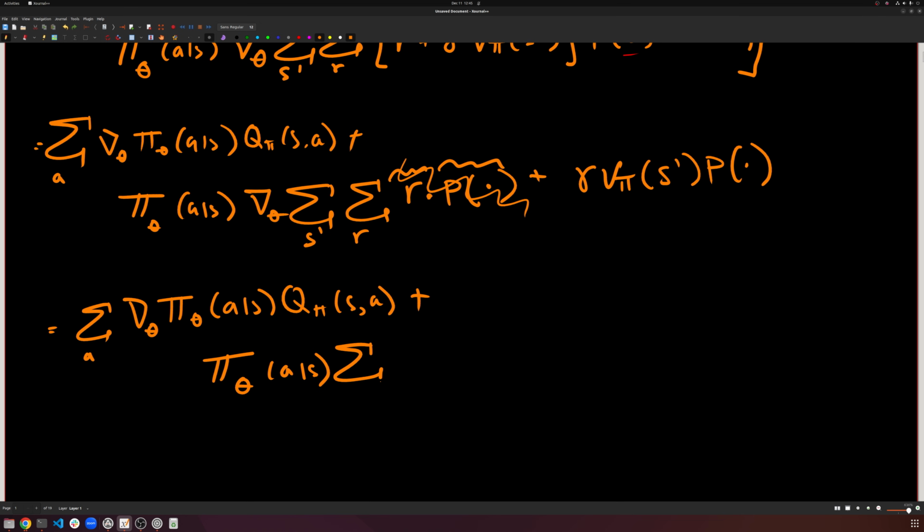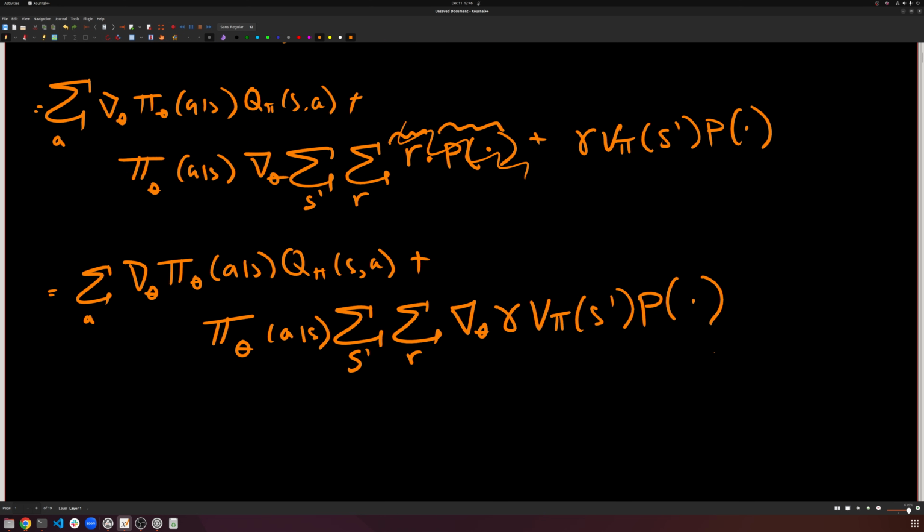So we have the double sum over S prime, and then the sum over our rewards. And then all we're left with is the derivative of gamma times V, our value for the next state, and then the probability of all that stuff that was on the inside. We'll rewrite all that later.